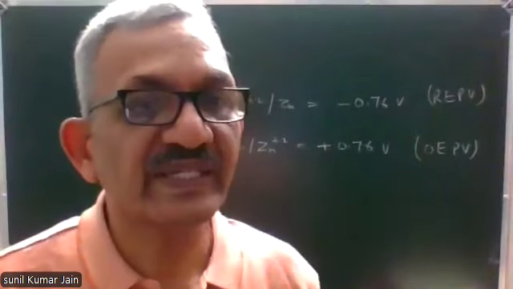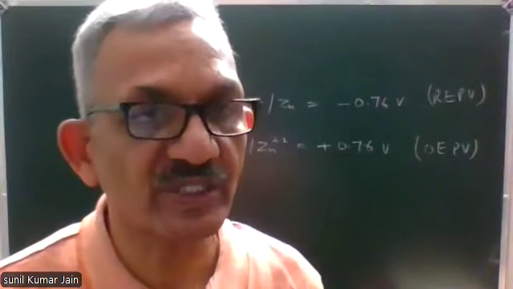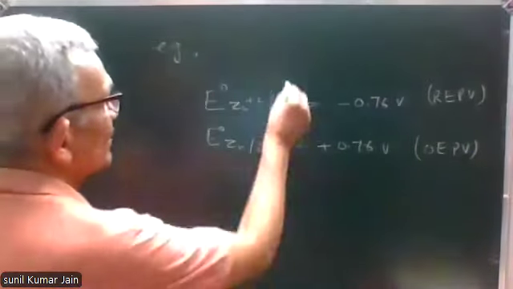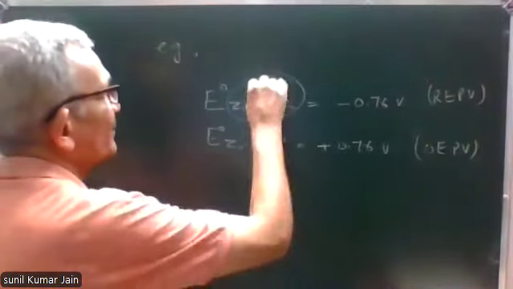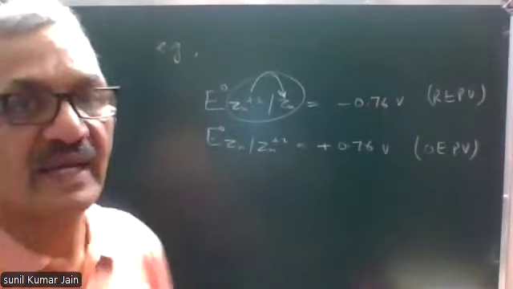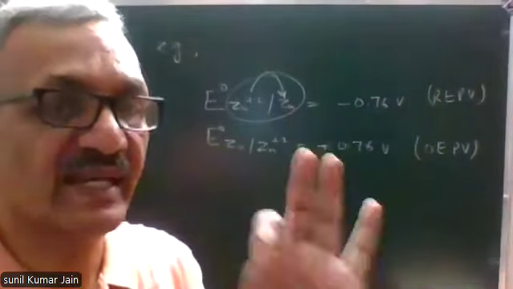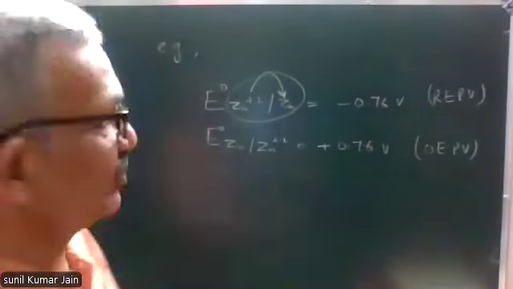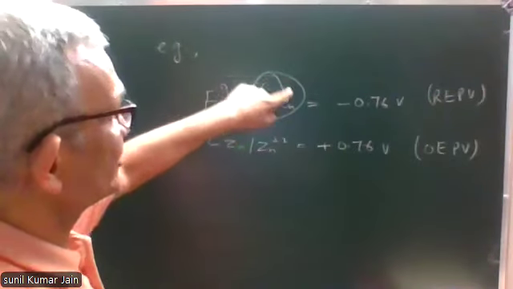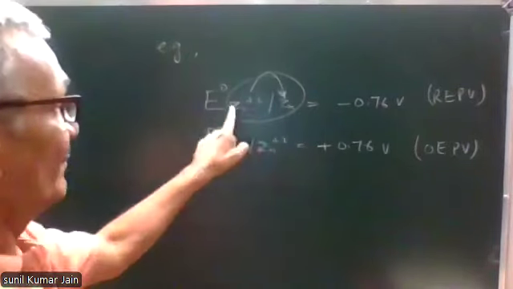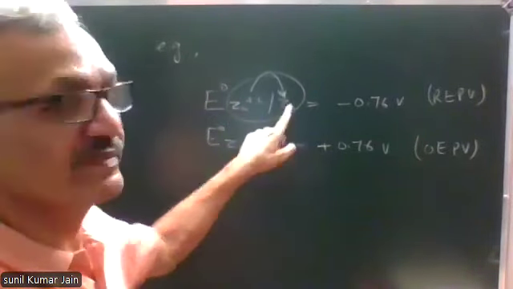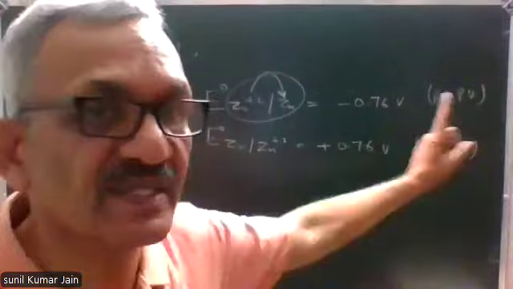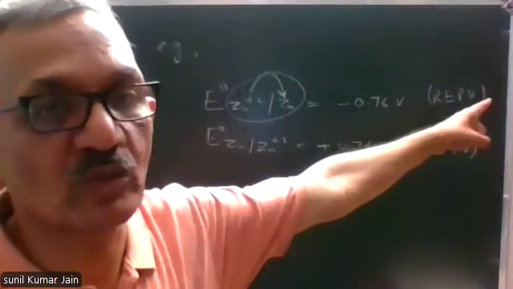Now you have to be very careful as far as this representation is concerned. Concentrate on this part. I told you slash is nothing but an arrow. So if you assume that this slash is arrow, it means zinc ions are changing into zinc atoms. When zinc ions change into zinc atoms, this is reduction. It means the value is reduction electrode potential value.